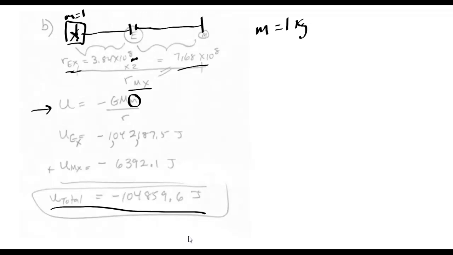Let me try to double check that because it looks different than what I think it should be. So 104,277.5 plus 6. Yeah, I left out a 7 here. I apologize for that. There's a couple problems with this problem, but I left out a 7 here.